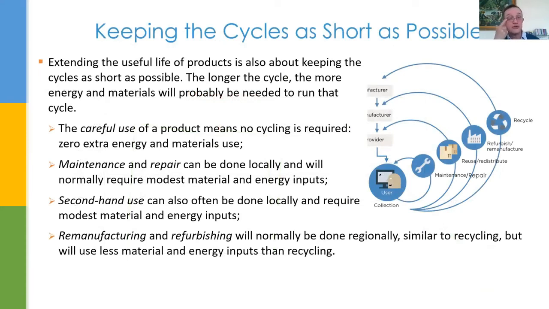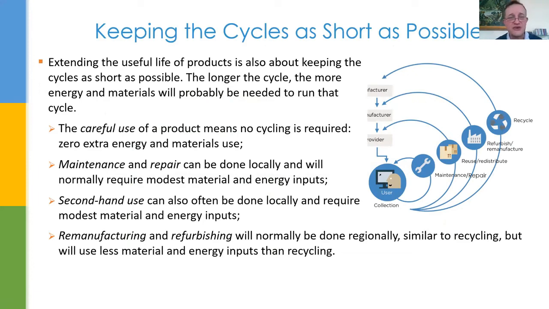Another thing I want to mention here is, especially on this side of extending the useful life of products, it's also about keeping the cycles as short as possible. The longer the cycle, the more energy and materials will probably be needed to run that cycle. So for instance, down here, if you're using a product carefully, it means that no cycling is required.